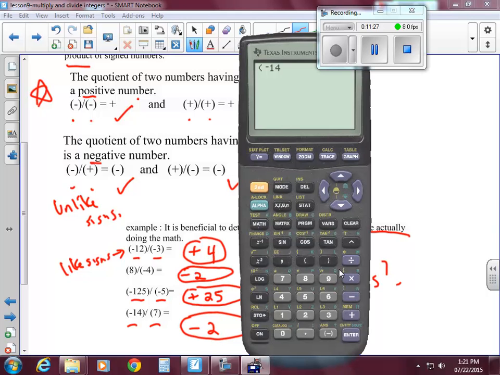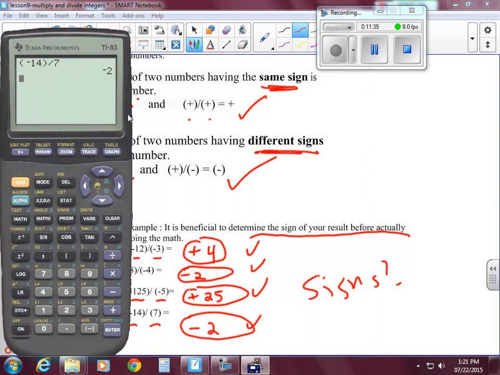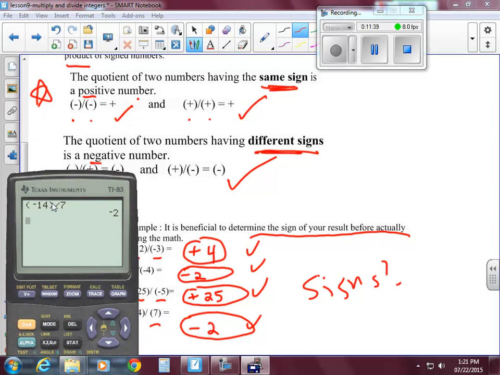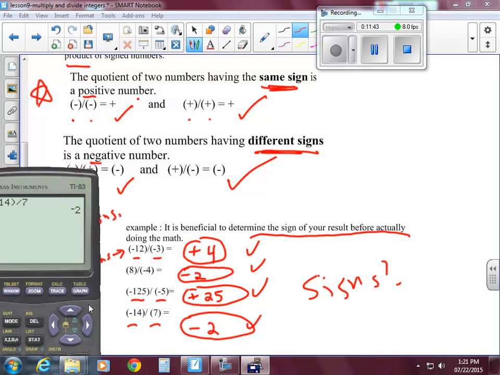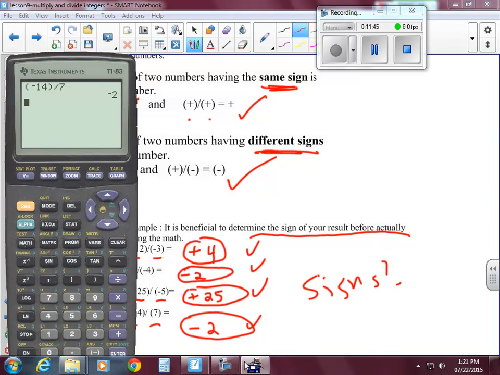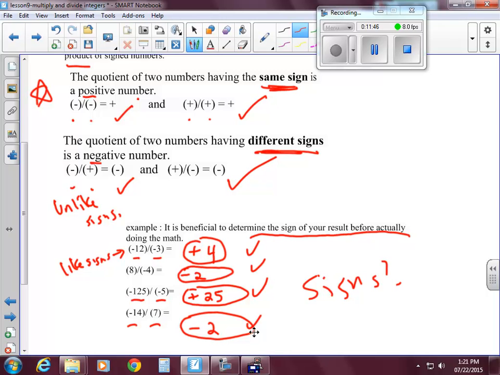Negative 14, parenthesis, divided by 7. You could key it in, and obviously you see the calculator's returning a negative 2 there. But like I said, just listening to what the calculator says is not really testing your knowledge of signs. So we don't want to get dependent on that calculator. But indeed, negative 14 divided by 7 is negative 2.